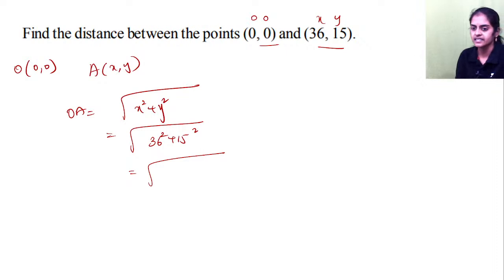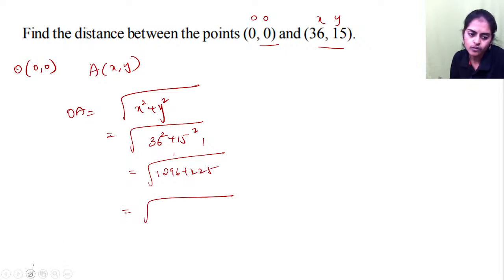36 square would be 1296 plus 225, under root. So 1296 plus 225 is how much? See here, it is 1521.